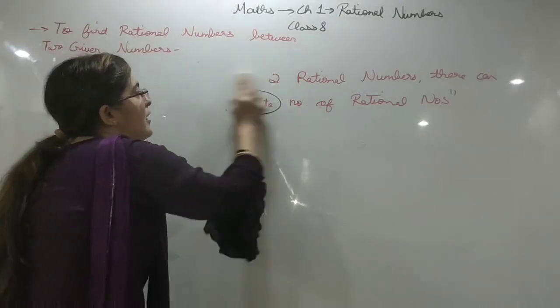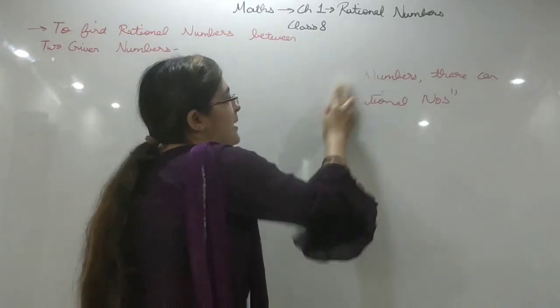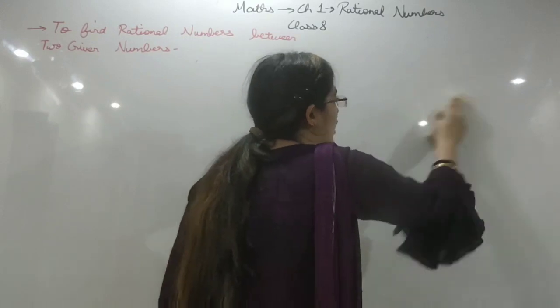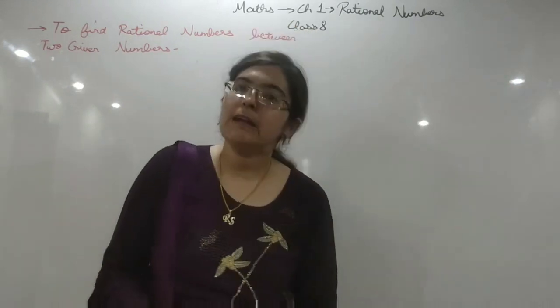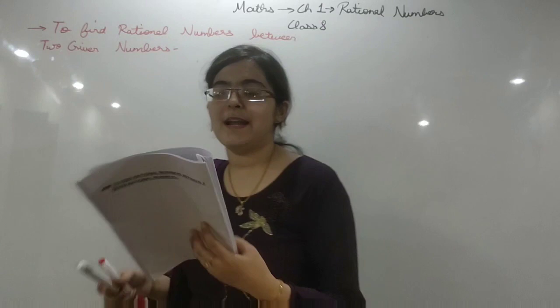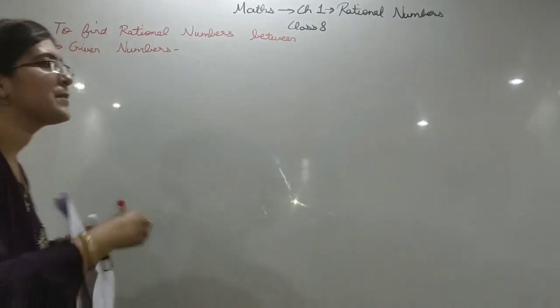Now let's start. One more thing, students, there are many methods to solve these types of questions, but I am telling you the easiest one. So let's start. See question number 23 from your question bank.